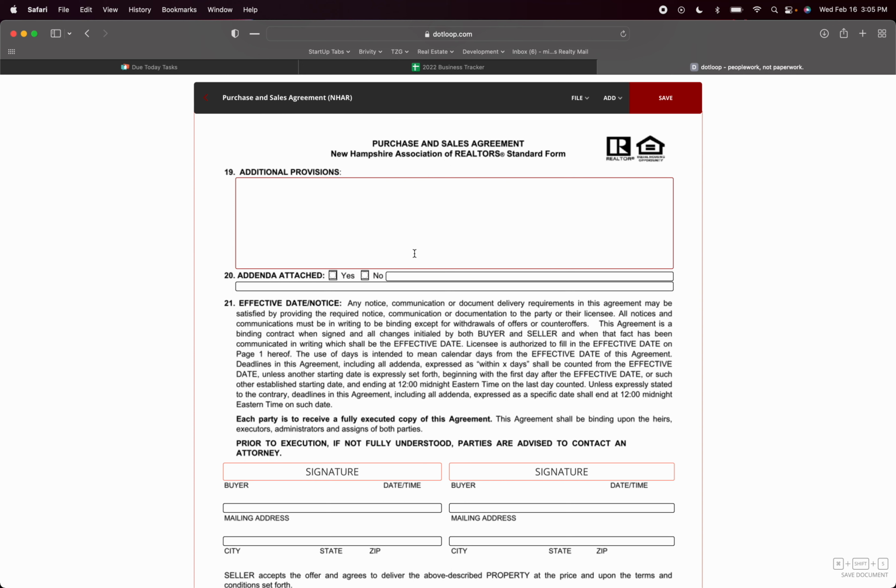If you have a buyer who's going to pay above and beyond the appraised value, you're going to see that in additional provisions. If you have a buyer or a seller that either needs to find suitable housing or needs to sell a home in order to purchase, you're going to see that in additional provisions. So there's a huge variety of things that can be in this section.